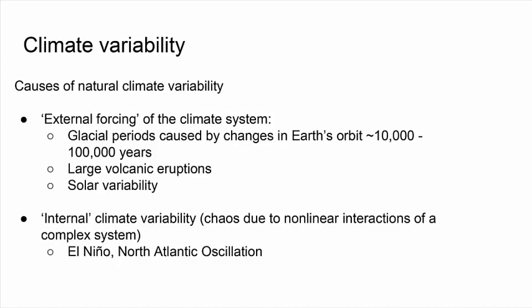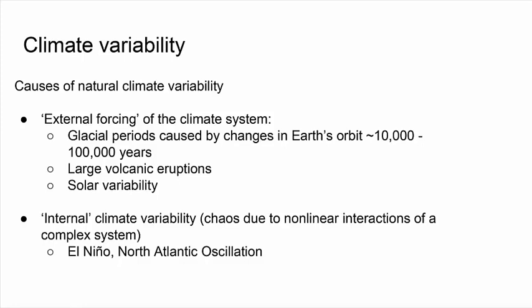I'll touch on these in a little bit. Another one is solar variability, the output from the sun. That 1370 value that I was talking about before isn't constant. It has an approximately 11-year cycle.